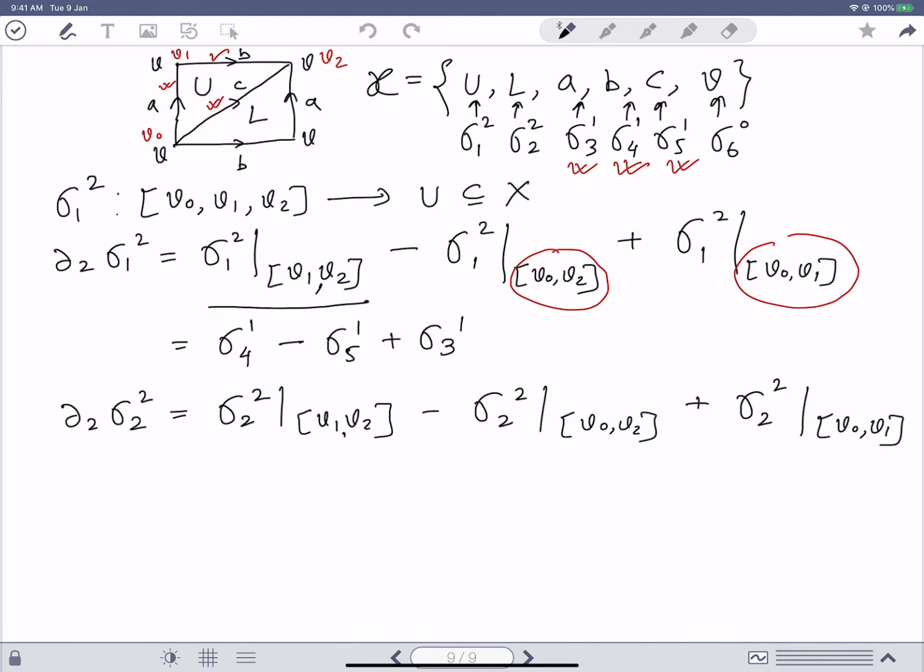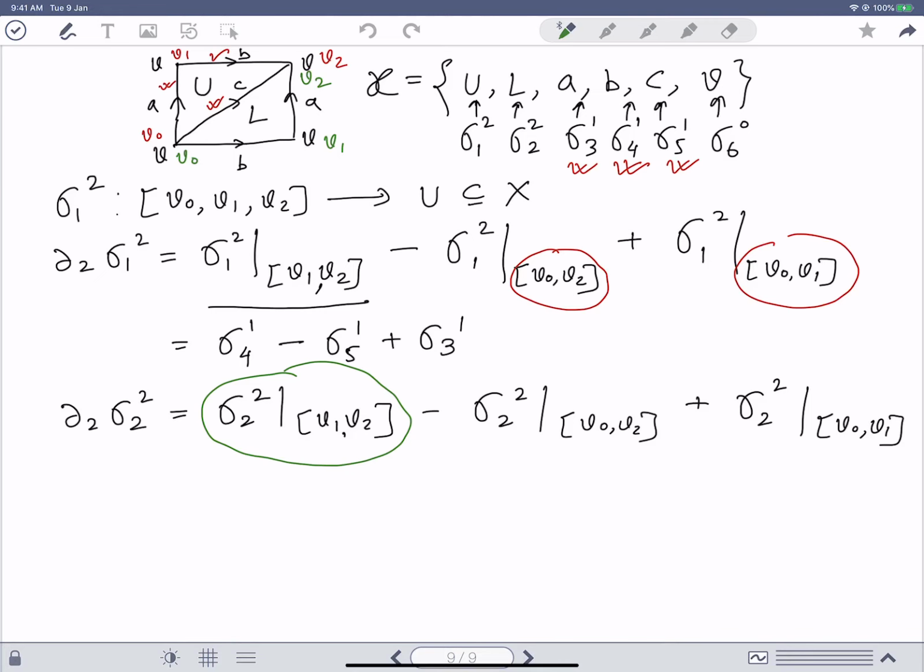Okay, now that is L. Now for the time being we assume that, so in this case, this is my v0, this is my image of v1, and this is my image of v2. Okay, now if we assume this map, then what will be this, that is v1 v2.